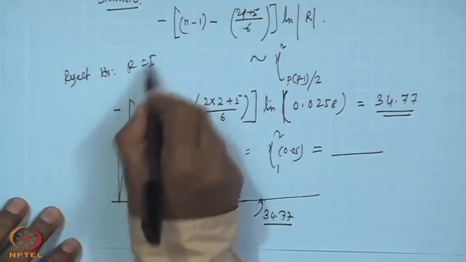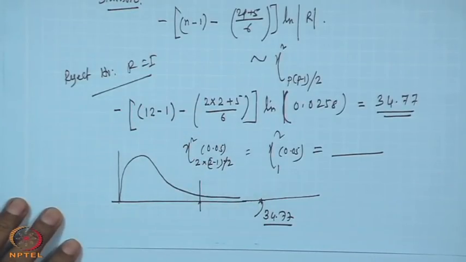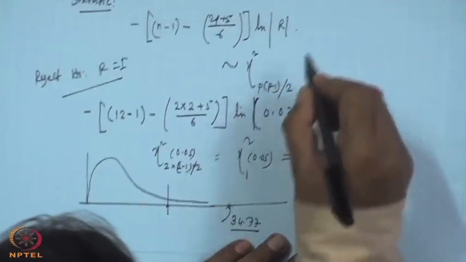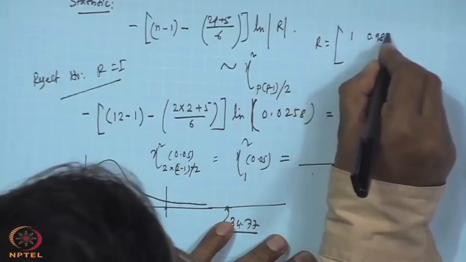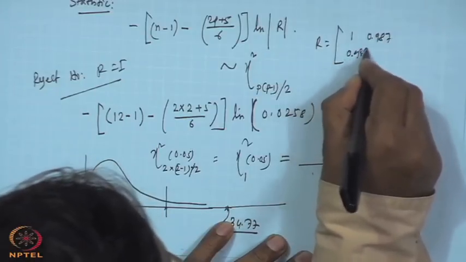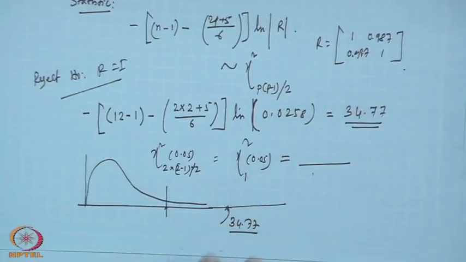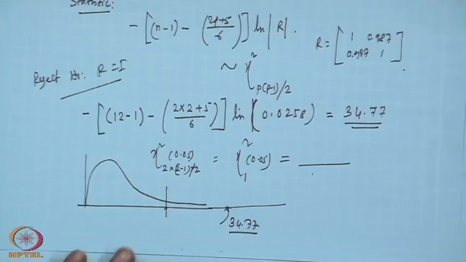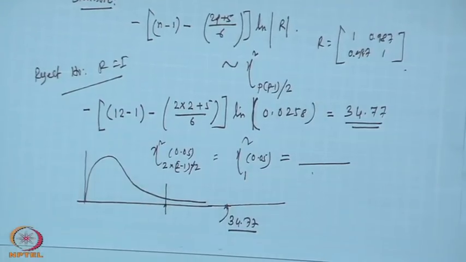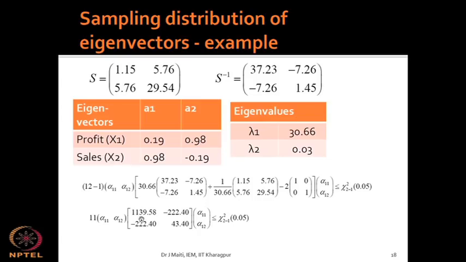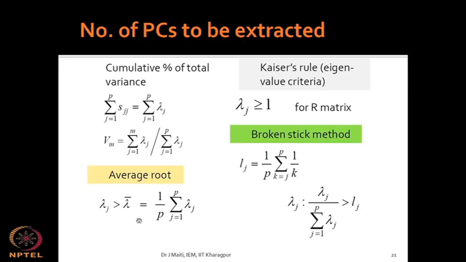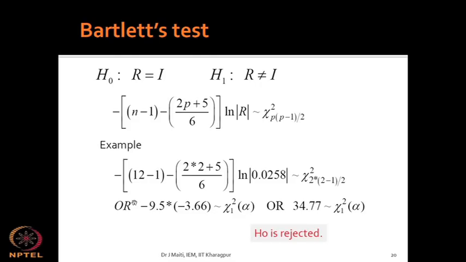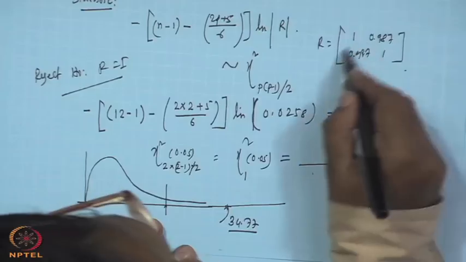And this is obvious, because if you see the R matrix here, it has 1 and 0.9871 as off-diagonal, a very high value.